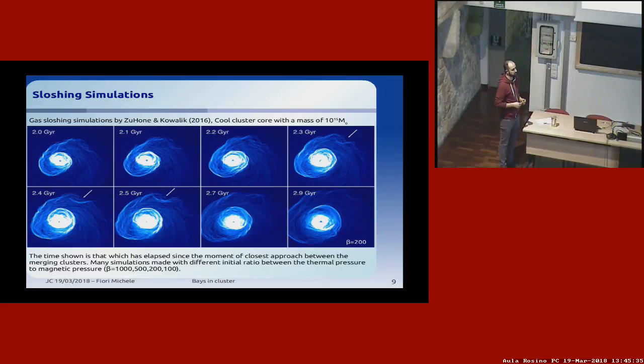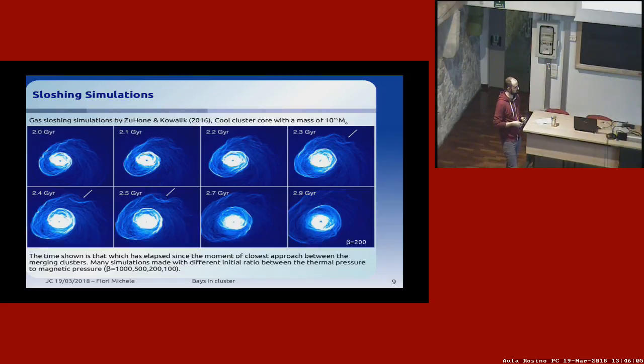So the origin of this, you said, is a merger. Yes. Is it a merger between two clusters of galaxies, or is it just the infall of one galaxy? An infall of one galaxy. Yes, just a minor merger. Because it looks very similar to the tidal, I don't remember the name.